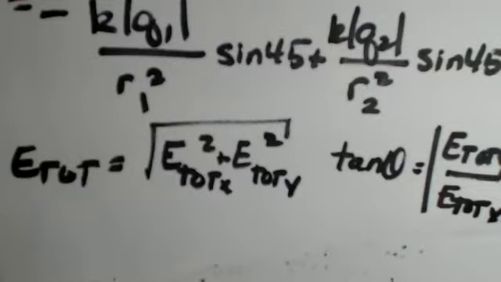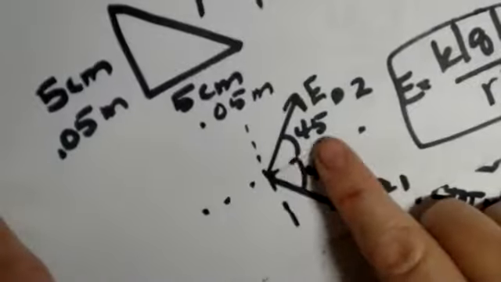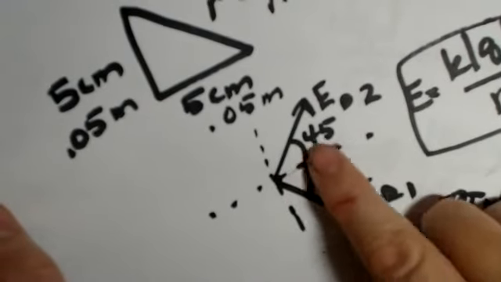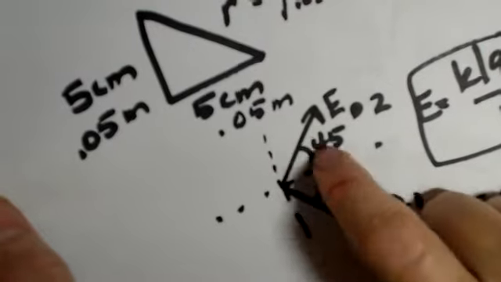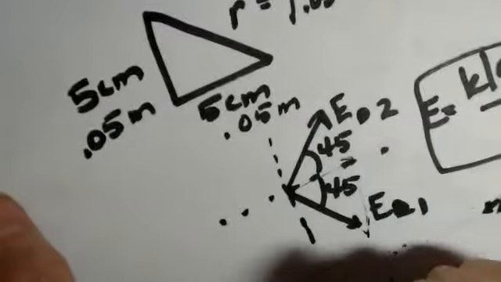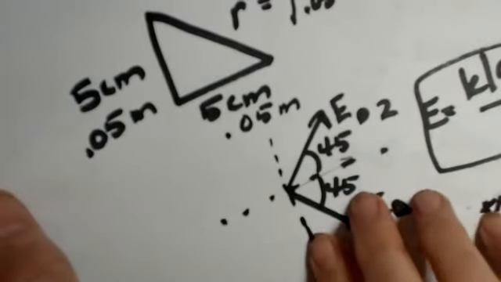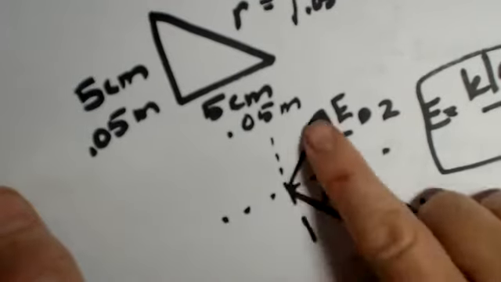If I look at my picture, I can kind of tell which way it's going to point, all right? Again, these happen to be equal, so the Y component's going to probably cancel out here. That's not always going to be the case, so I approached it in a generic way, but it'll tell me the direction.